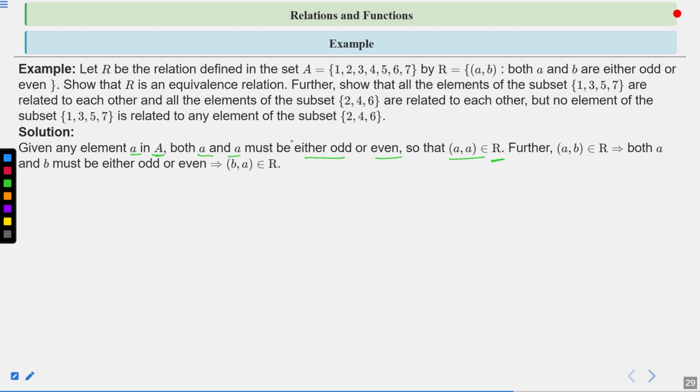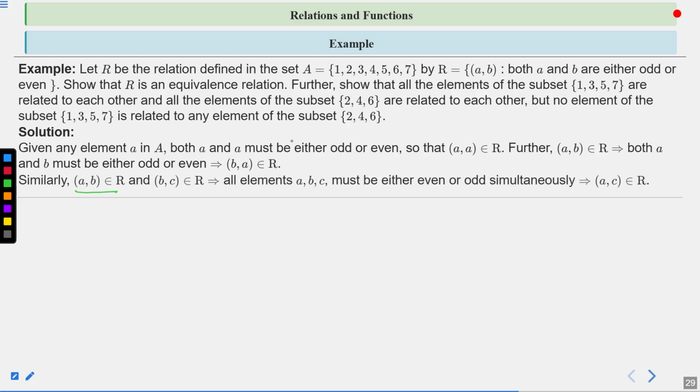Now if (a, b) belongs to R, meaning by the definition of R that both a and b are odd or even, so (b, a) also belongs to R. Simple.